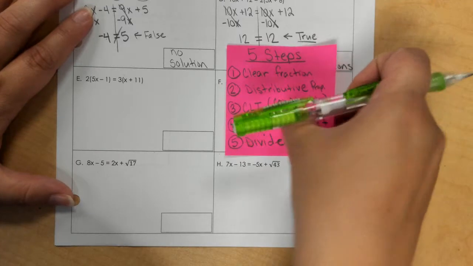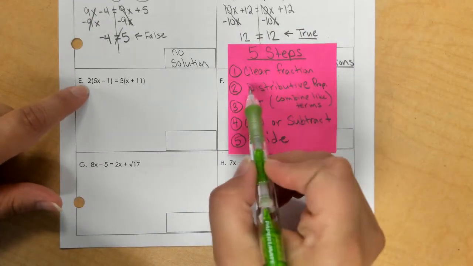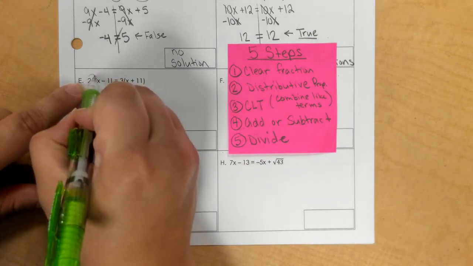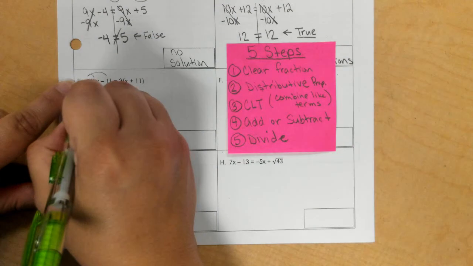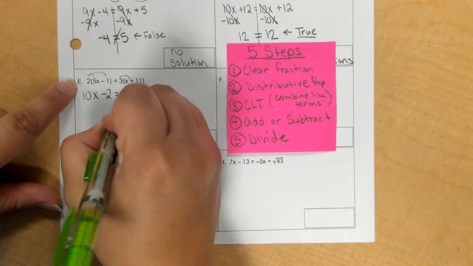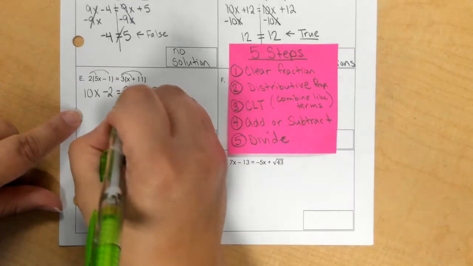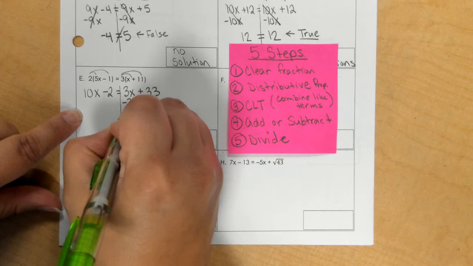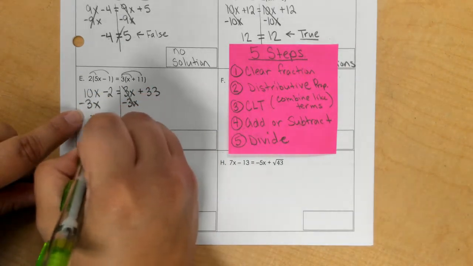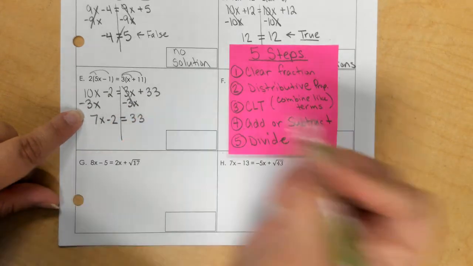Okay, for letter E, can we clear a fraction? No. Can we distribute? Yes, twice. So I'm going to go ahead and distribute my 2. And then I'm going to distribute my 3. So now I need to subtract the 3x, and I get 7x minus 2 equals 33.